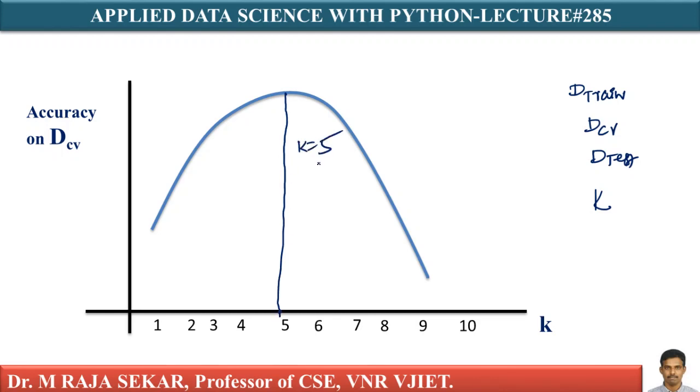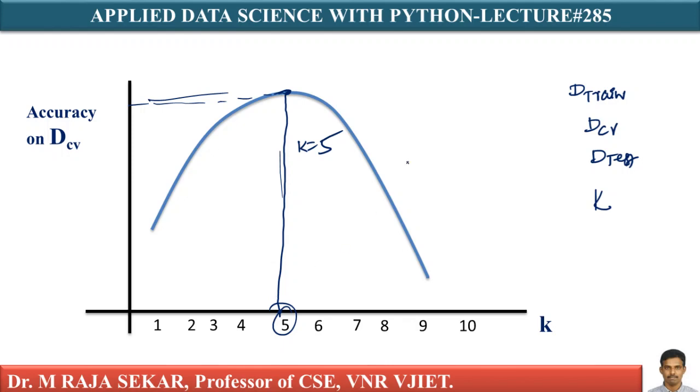We saw that accuracy increases, and after some stage it falls down. We pick the highest accuracy. Its corresponding number, let me assume, is k equals 5.